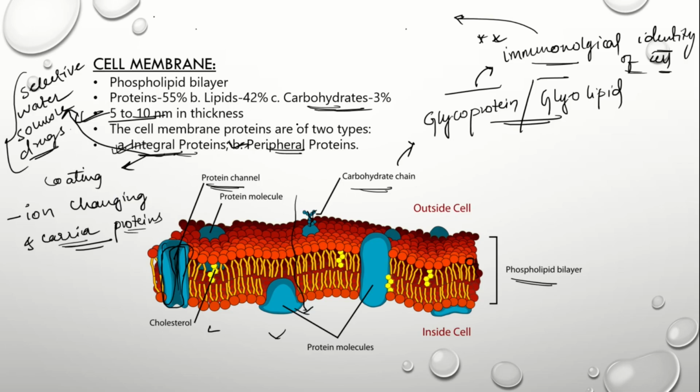Now, what is the role of peripheral proteins? The peripheral proteins are mainly the enzymes which are located inside the cell. And also the peripheral proteins are important in the transport of molecules.